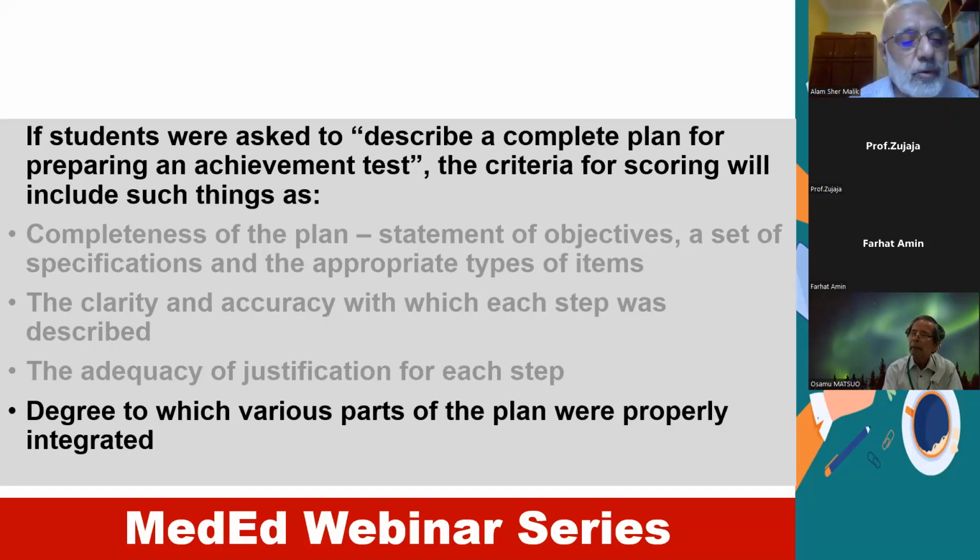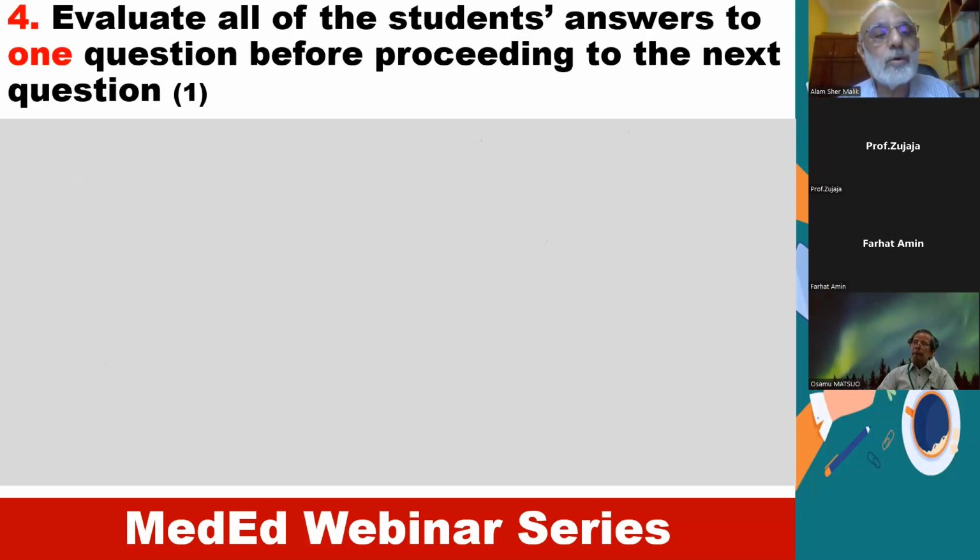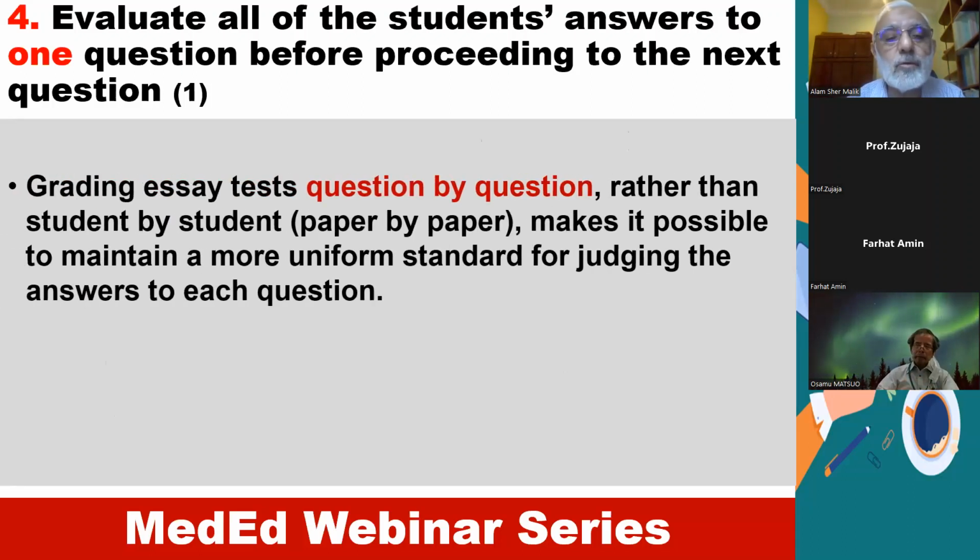So all these 4 points would be helpful to make a rubric for this kind of question, so that the marking or scoring can be objective for this extended response type of question. 4, evaluate all the students' answers to one question before proceeding to the next question. This is again a very useful tip: marking question by question rather than paper by paper.